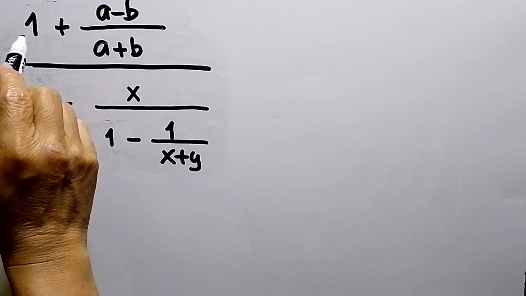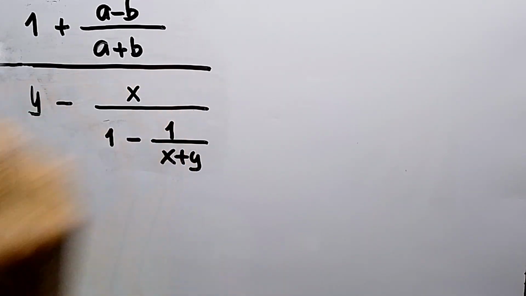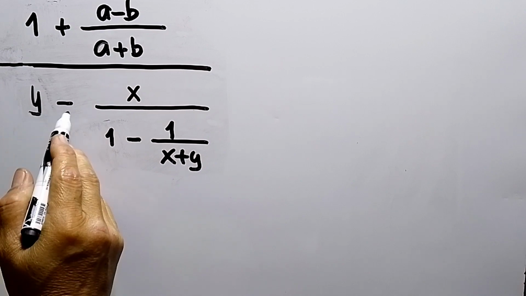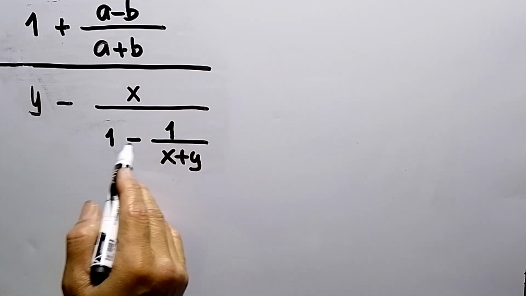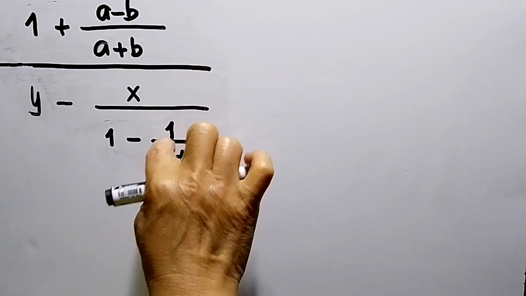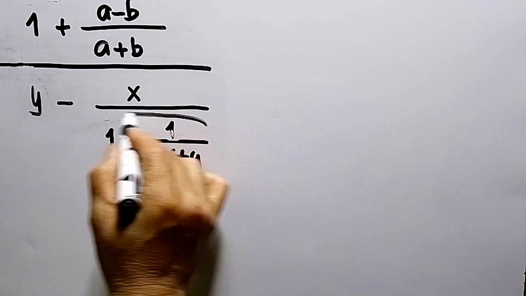I have 1 plus (a minus b over a plus b) all over y minus x over 1 minus 1 over x plus y. Okay, so I need to resolve this one first.